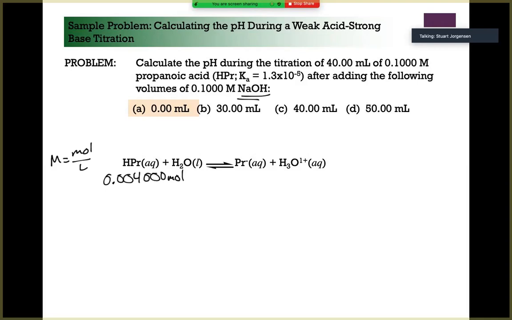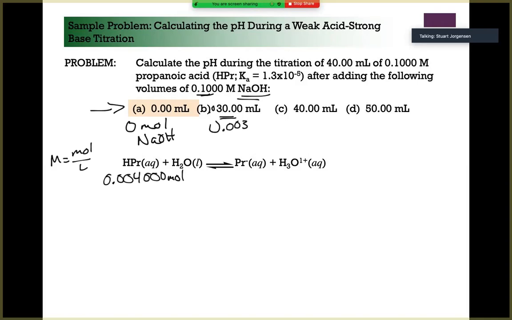So we got to get into our moles again. And we're actually going to have different moles of base at different stages of the titration. At first, we don't have any. So there's 0 moles of NaOH at this point, right? Cool. If I do my molarity times my liters for part B, I should end up with, I'm going to do this math in my head, 0.003, right?